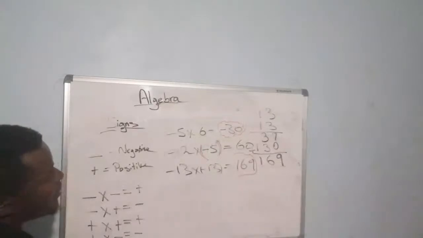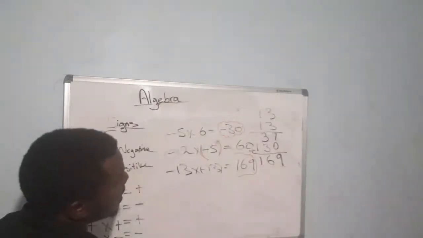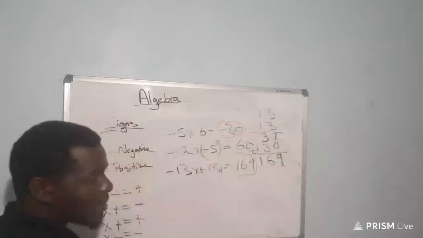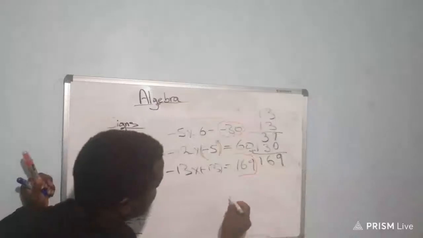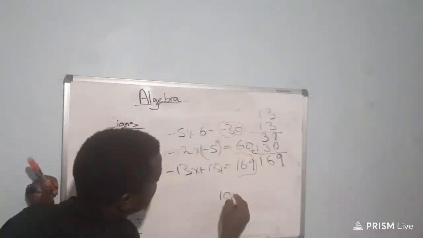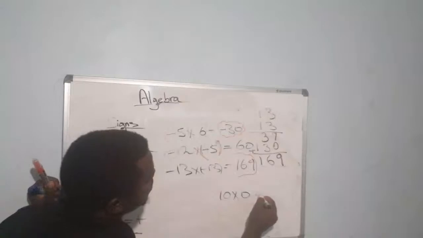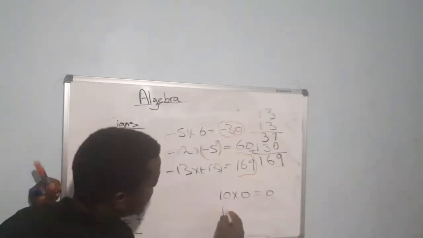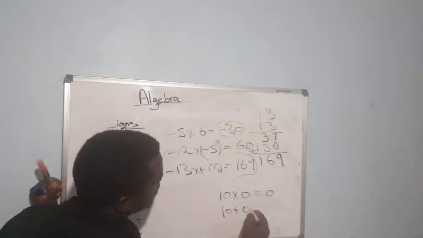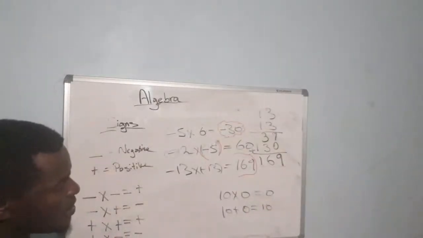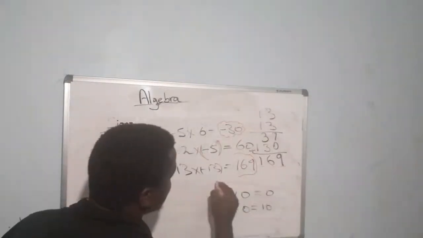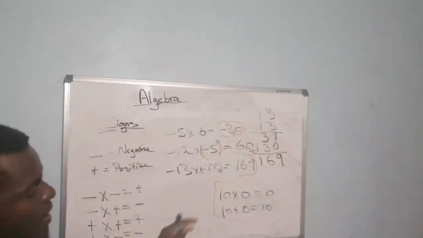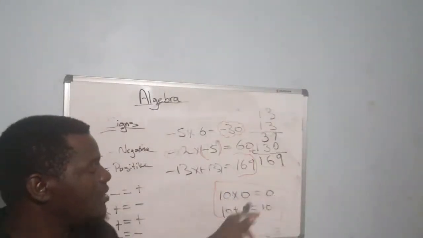And remember, if you multiply any number by 0, you will get back 0. For instance, 10 times 0 is 0. Alright? And 10 plus 0 is 10. So there are rules as you go along. You would notice that what I do is basically based on a rule. If you multiply a number by 0, you will eventually get 0.